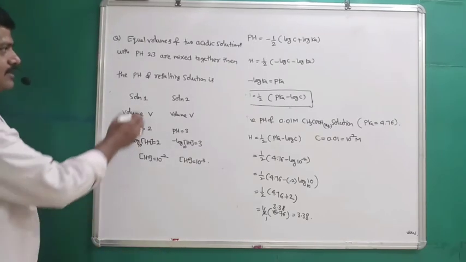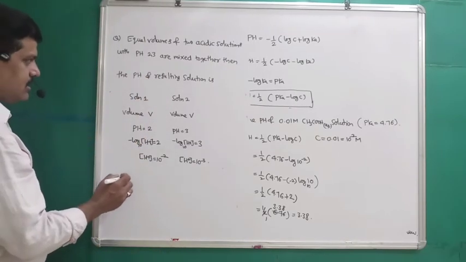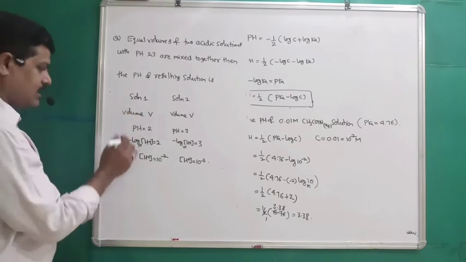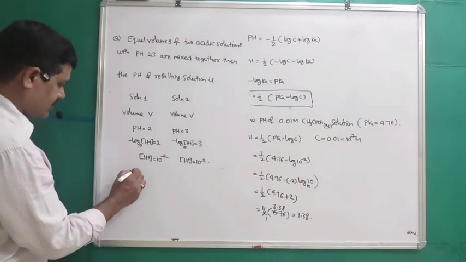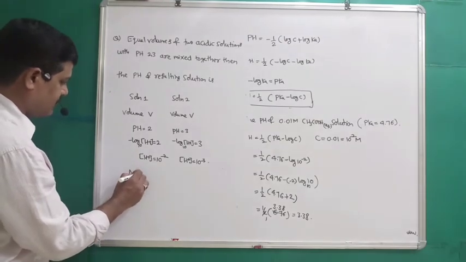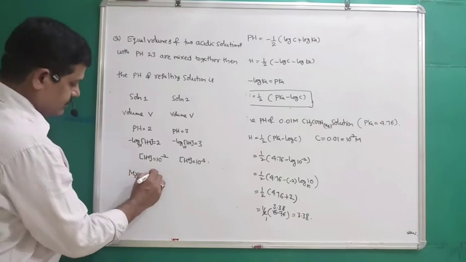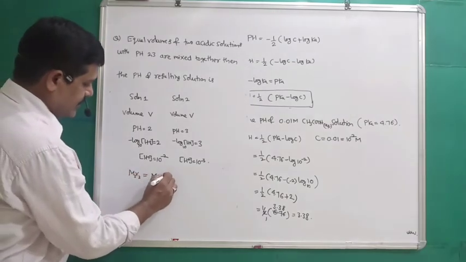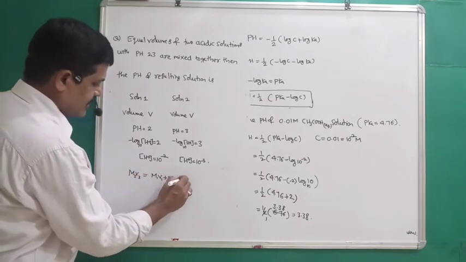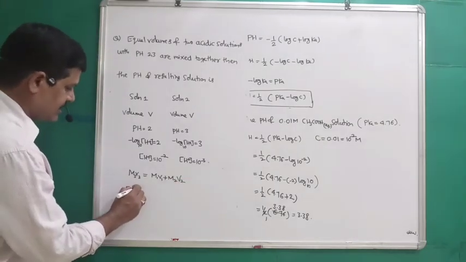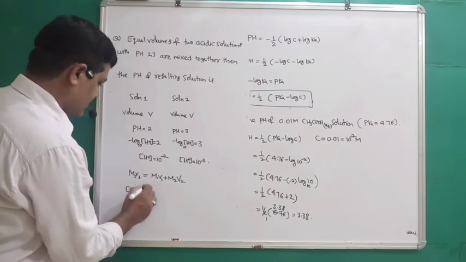So to calculate the pH of the resulting solution, we need to calculate the H plus ion concentration in the resulting solution. For that we can use the molarity formula for mixing: M3V3 is equal to M1V1 plus M2V2, right? M3 is the H plus ion concentration in the resulting solution.